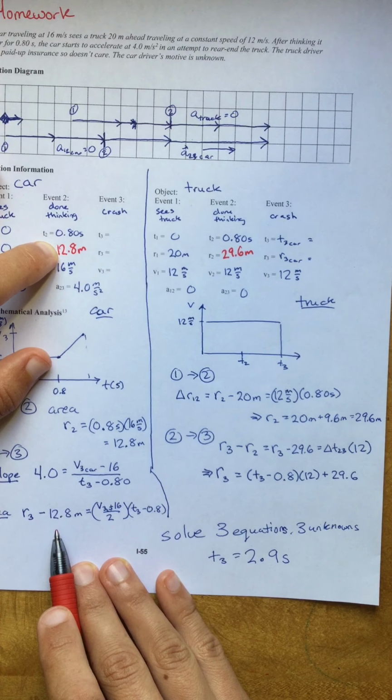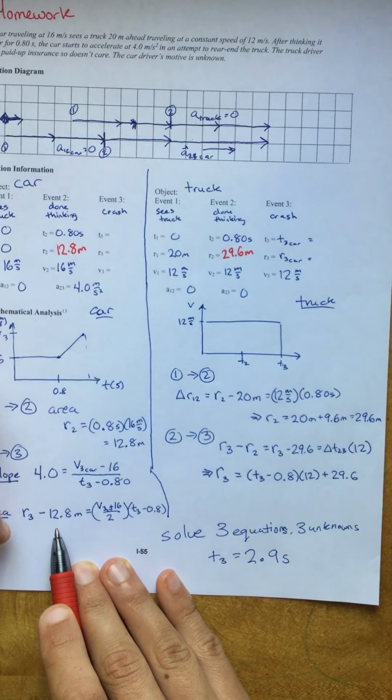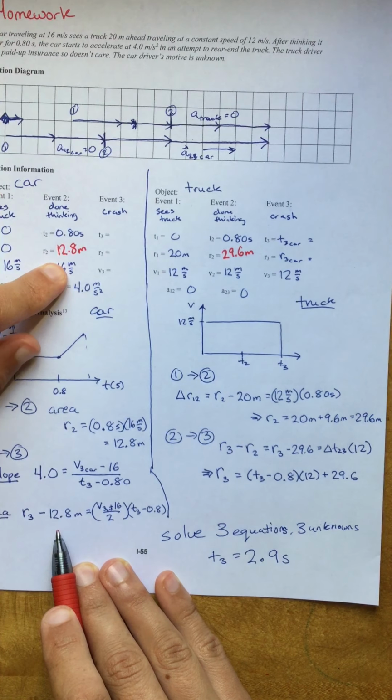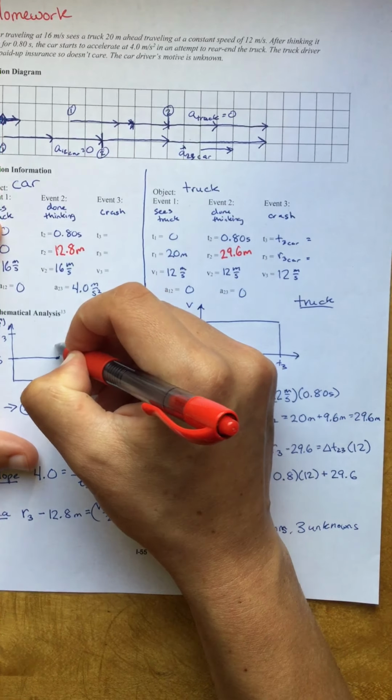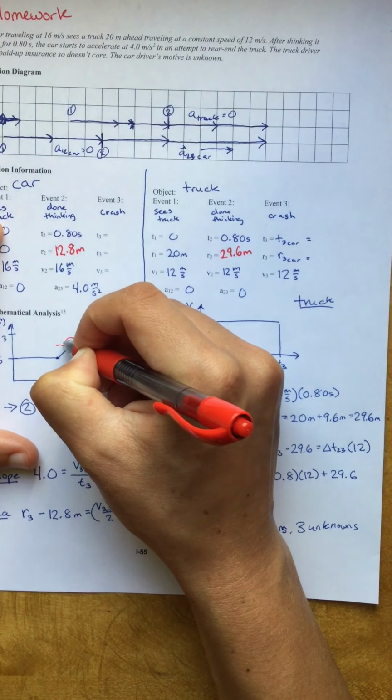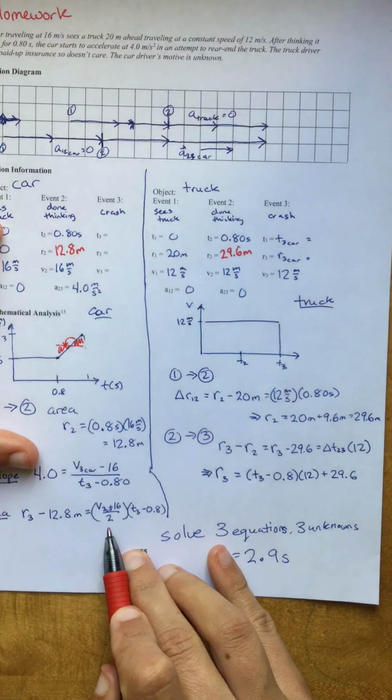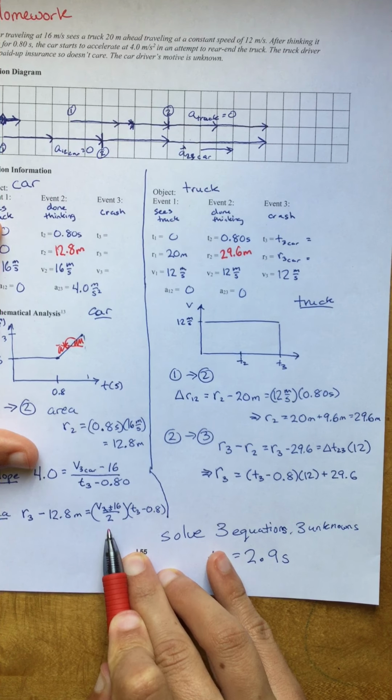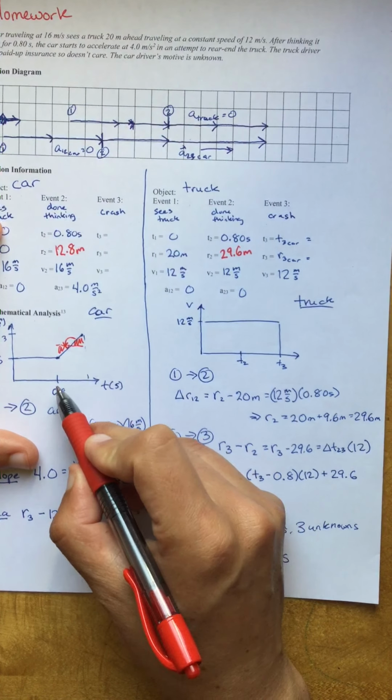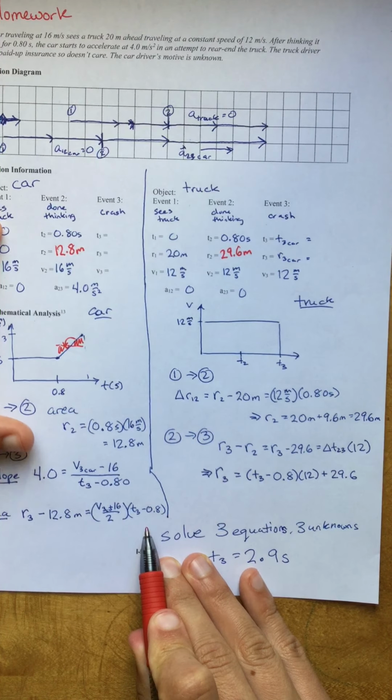And the area underneath the curve as you go from 0.8 to T3 is R3 minus R2, which is 12.8. I can use the average height here, so this extra piece fits in down here. The average height is V3 car plus 16 divided by 2, and the base from here to here, that's T3 minus 0.8.